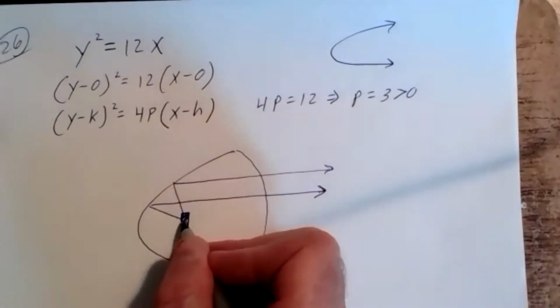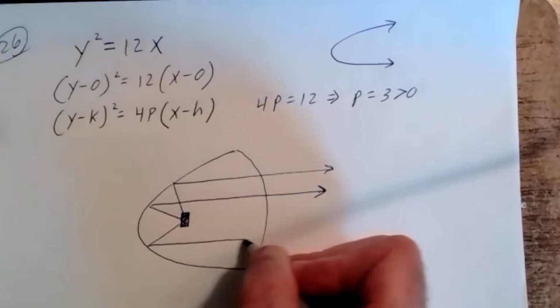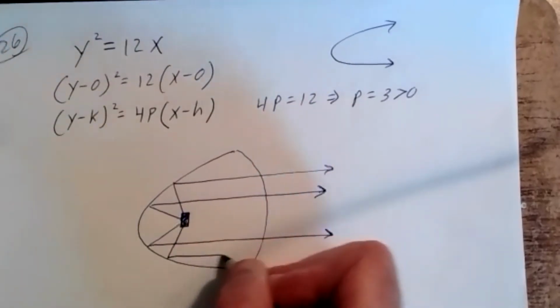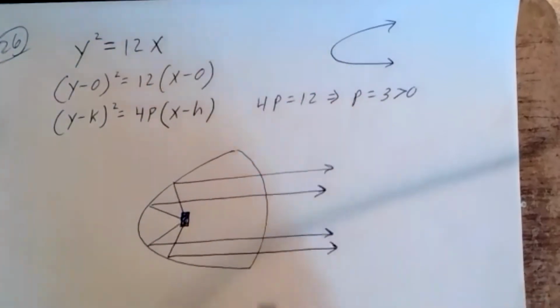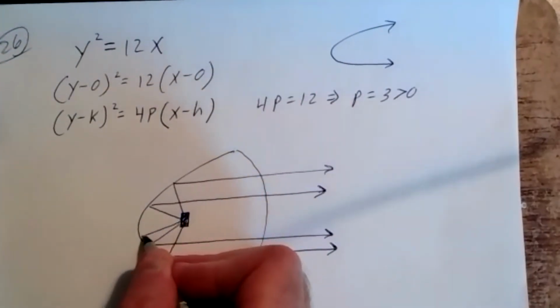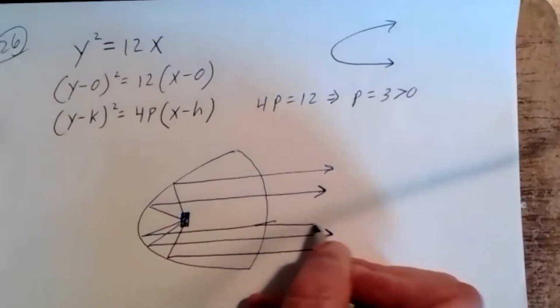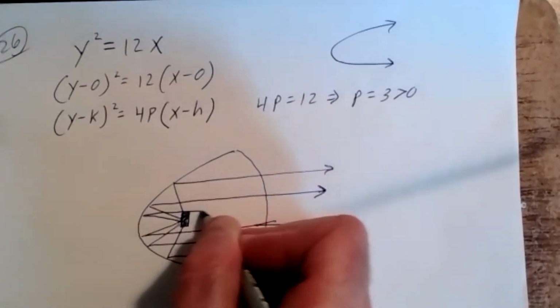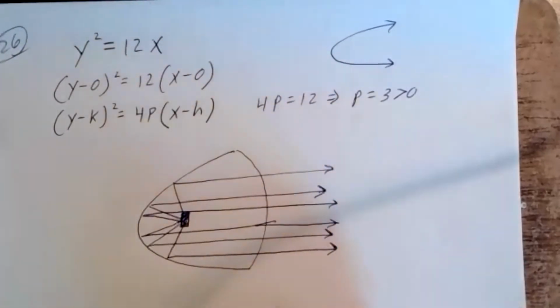Parallel beams of light, made possible by the parabolic mirror that they're reflecting off of. You see that there?